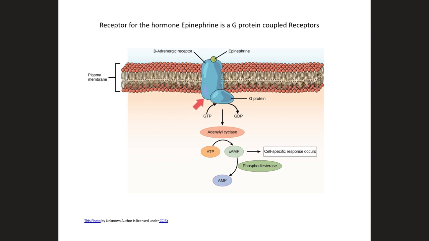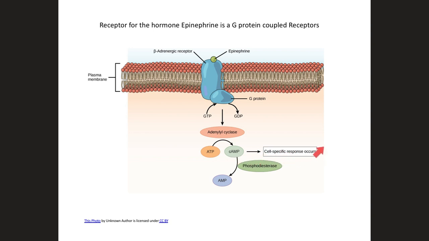The alpha subunit exchanges GDP for GTP, and then it goes and activates another enzyme called adenylyl cyclase, which turns ATP into cyclic AMP. It's a cyclic molecule. This cyclic AMP is another signal molecule which then goes and makes something happen.